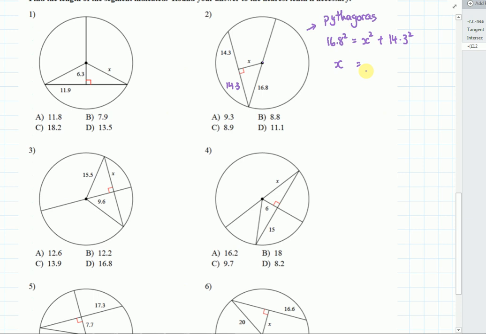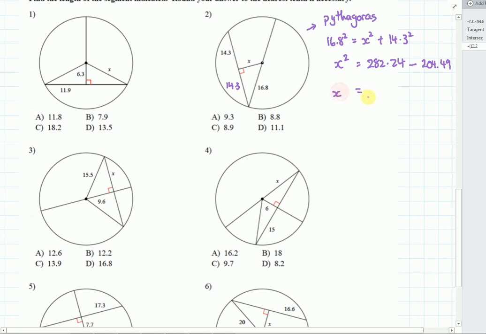So x squared is 282.24, and we're subtracting the 14.3 squared, which is 204.49.